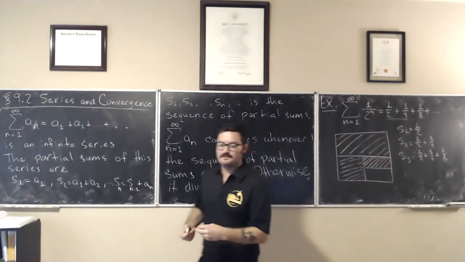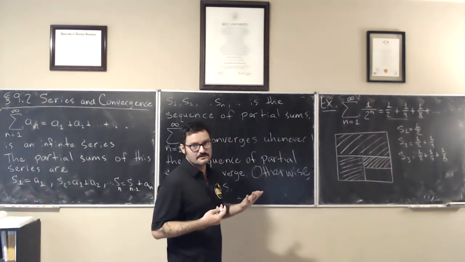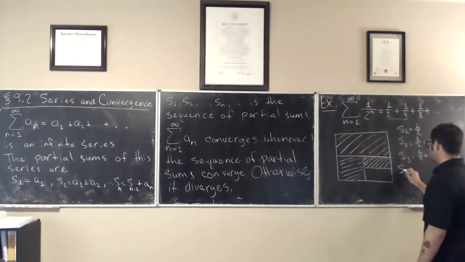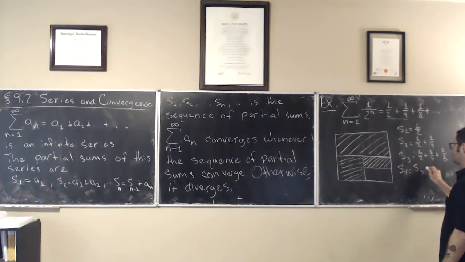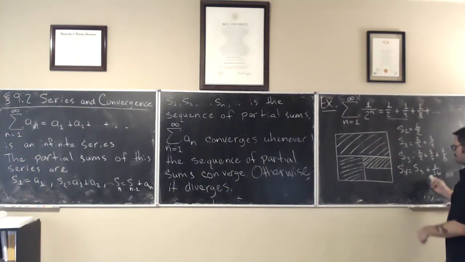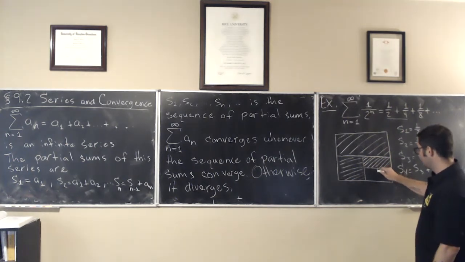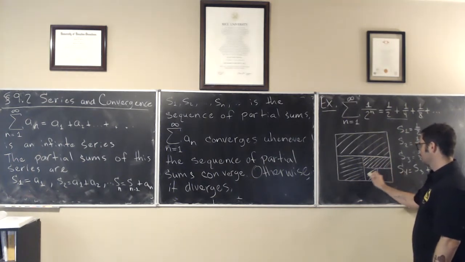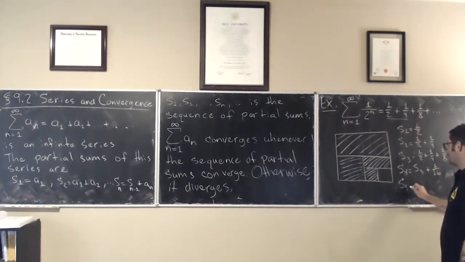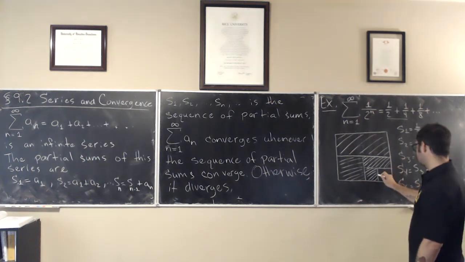Now, hopefully you can see that adding infinite things together is going somewhere. S4 is S3 plus 1/16. S3 was all this business. A 16th is half of an eighth. S5 is S4 plus 1/32, which is like here.